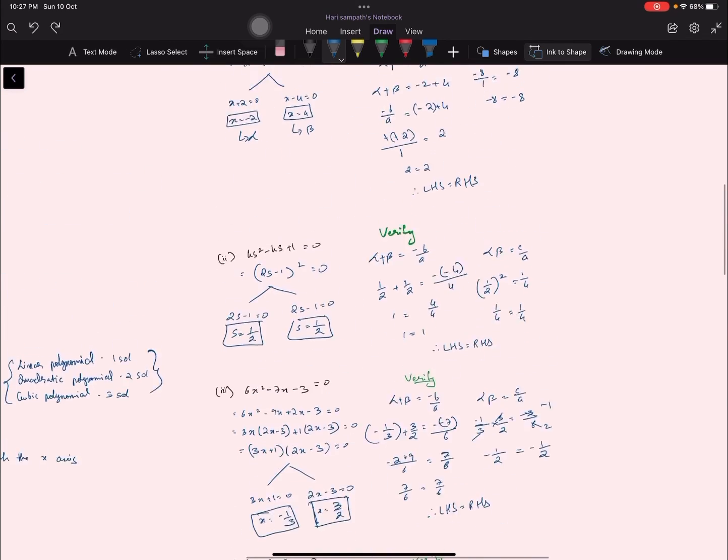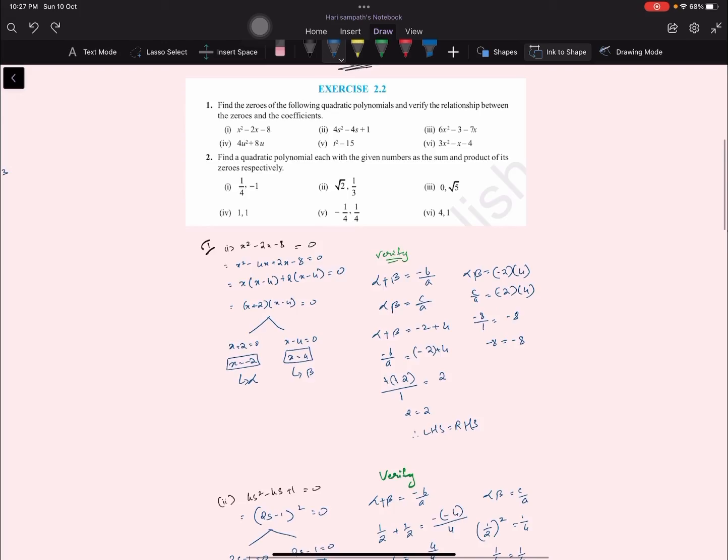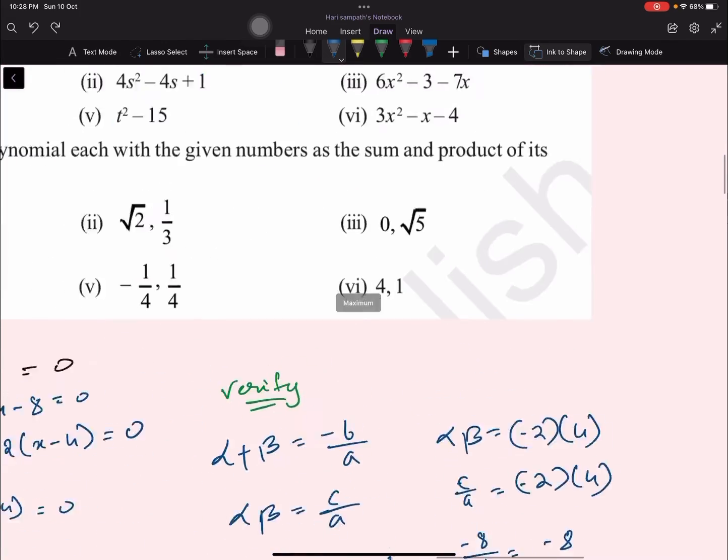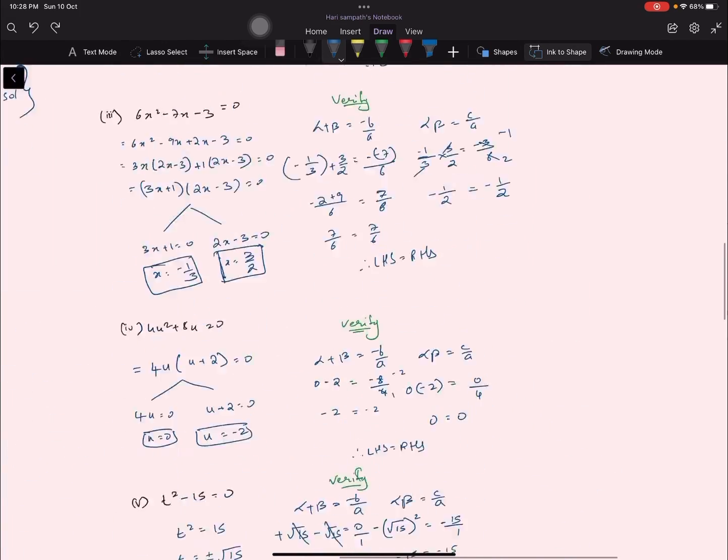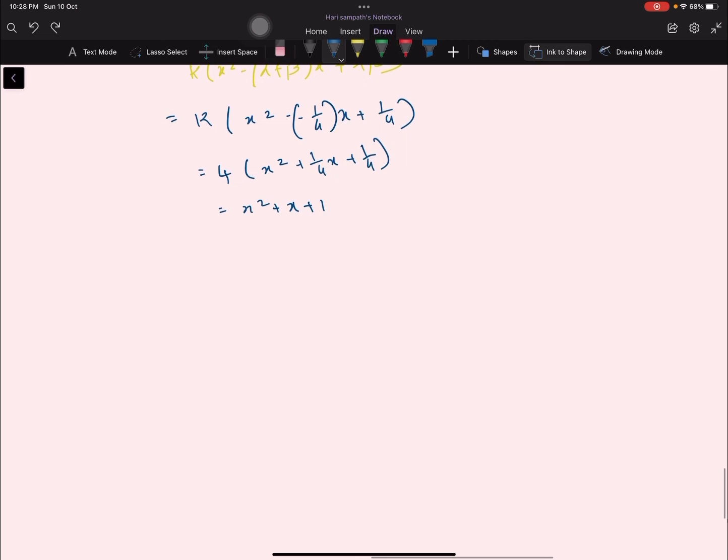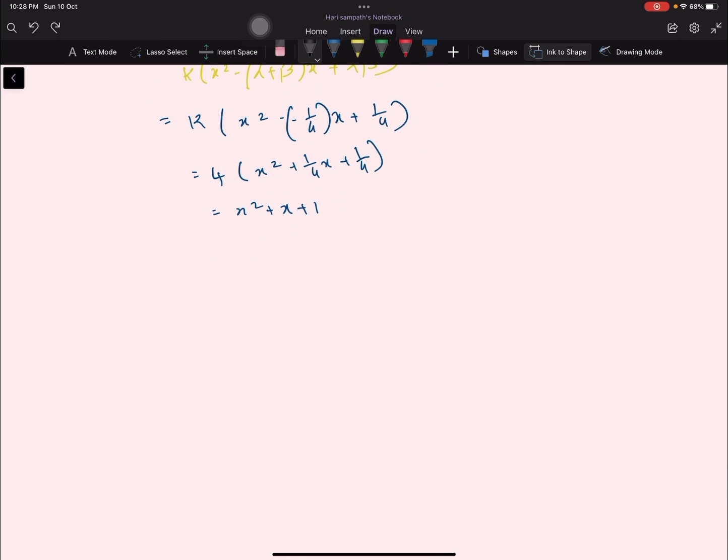So what is the sixth sum? With this we'll complete 2 exercises. 4, 1. So alpha plus beta is 4, alpha beta is 1.